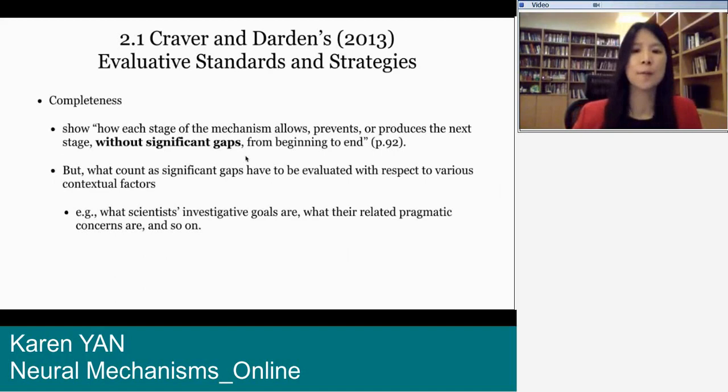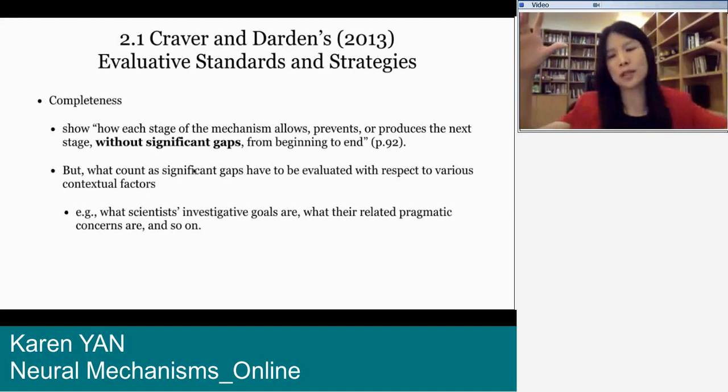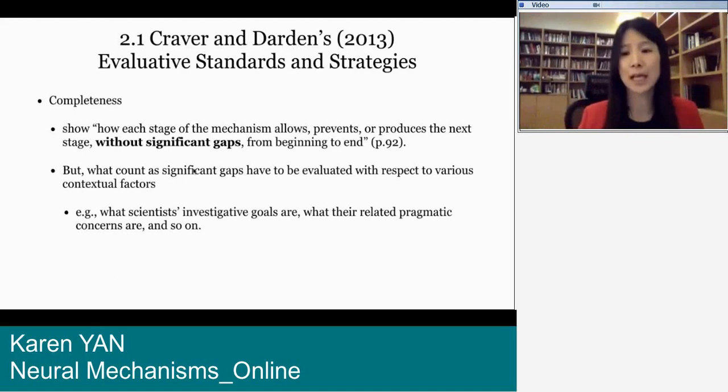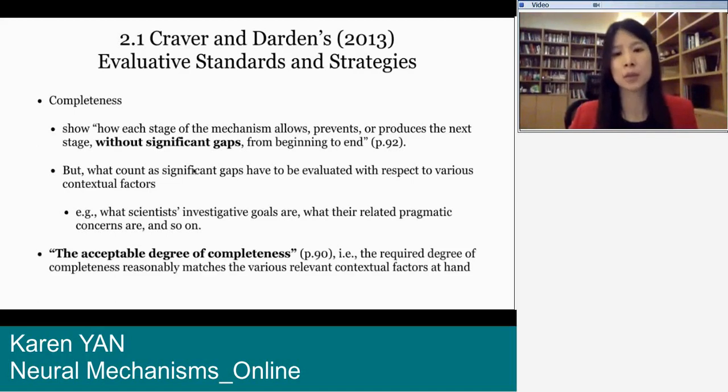So if you take this part seriously, you know that they are not after this very ideal standard of completeness. What they're really after is an acceptable degree of completeness, to use their term, which means the required degree of completeness reasonably matches the various relevant contextual factors at hand.